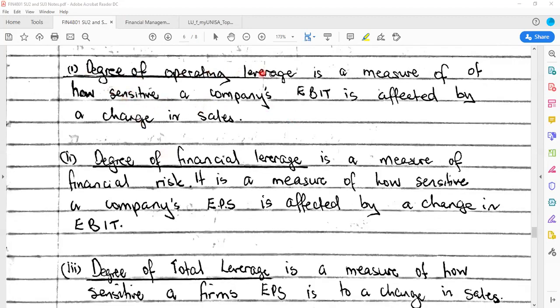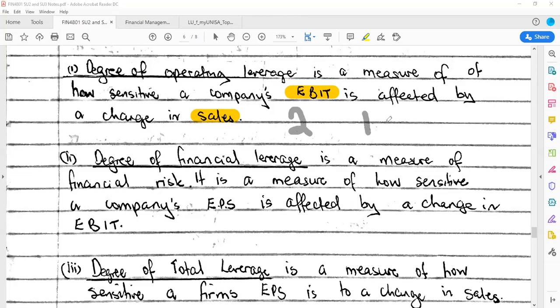So the degree of operating leverage is a measure of how sensitive a company's earnings before interest and tax is affected by a change in sales. So let's say we calculate the degree of operating leverage to be 2.